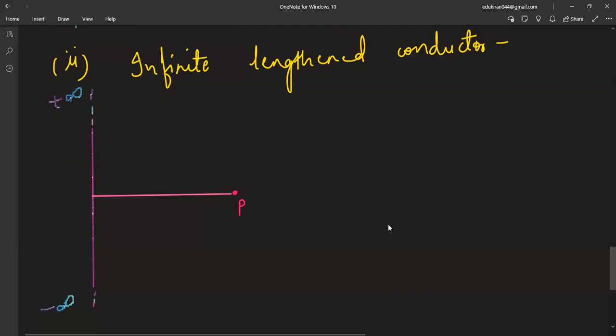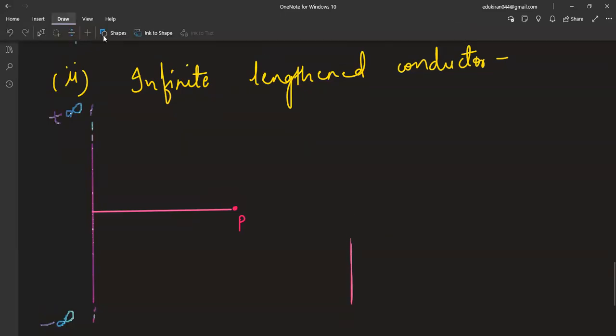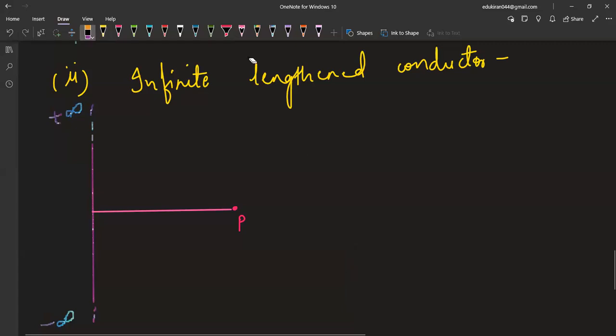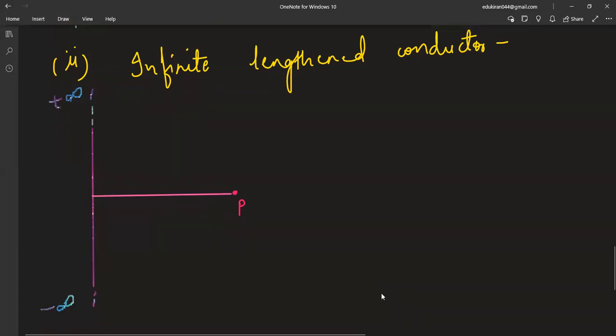See, if this is a boundary, just listen here carefully. This is a point I have taken. You can see this. Now I have extended this, so the angle becomes this theta.